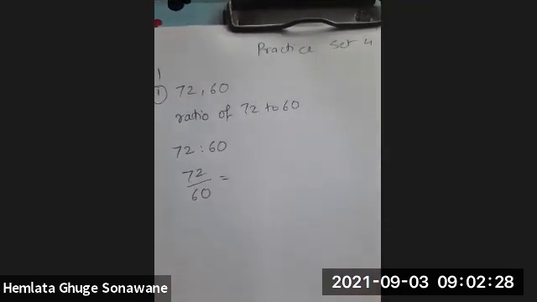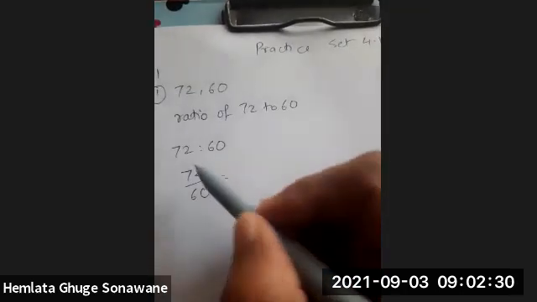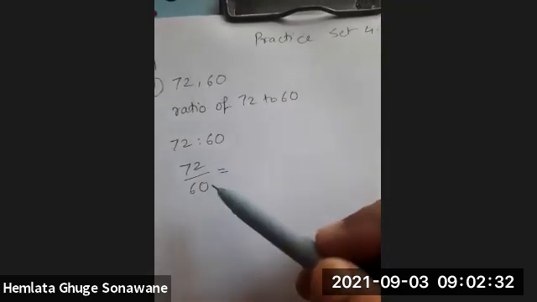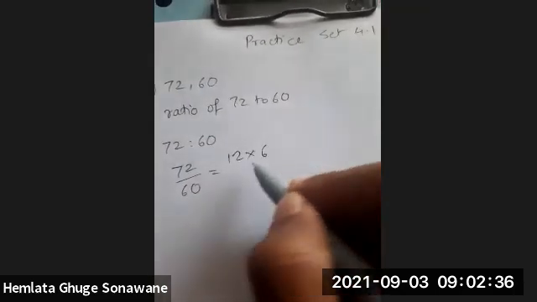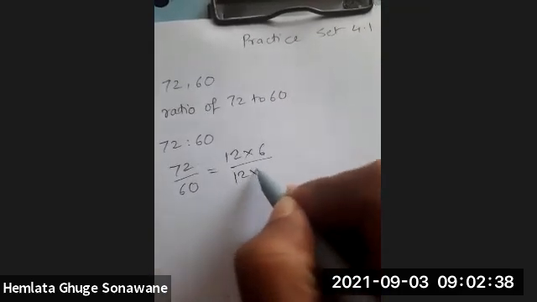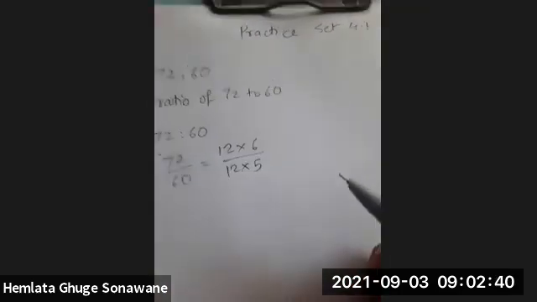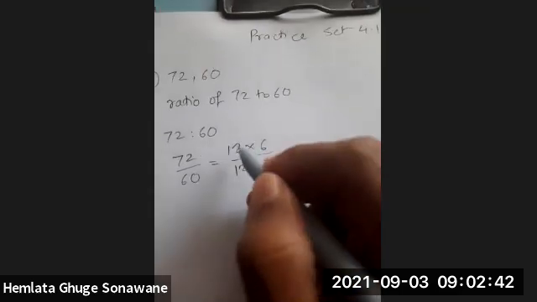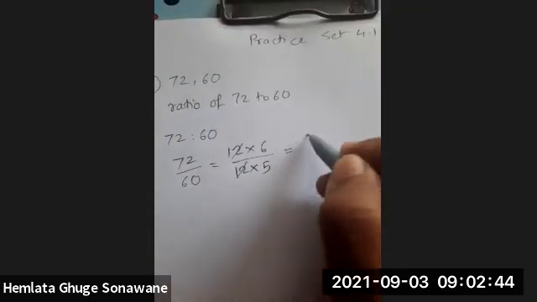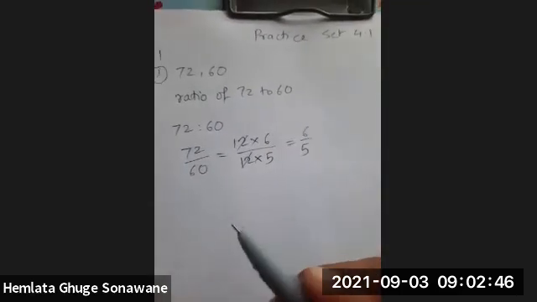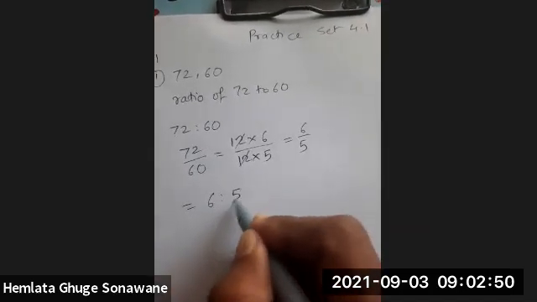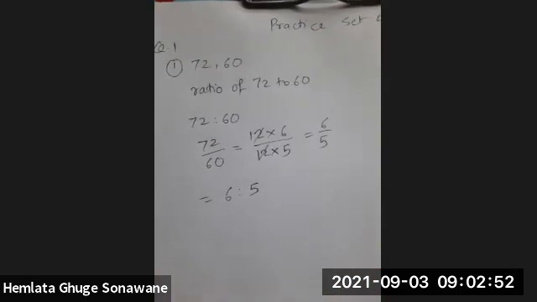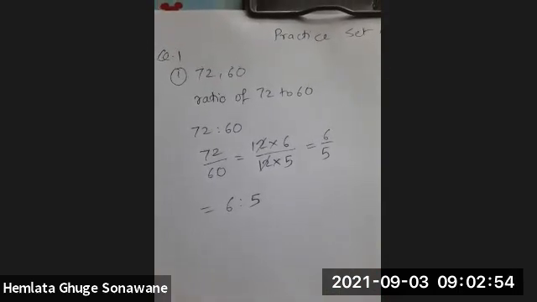Now we have to find the table where both the numbers are present. That is 12 into 6 is 72 and 12 into 5 is 60. 12 gets cancelled, and we get 6 upon 5. Therefore, the given terms in reduced form are 6 is to 5.